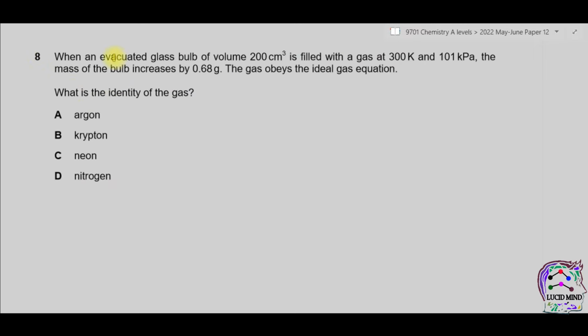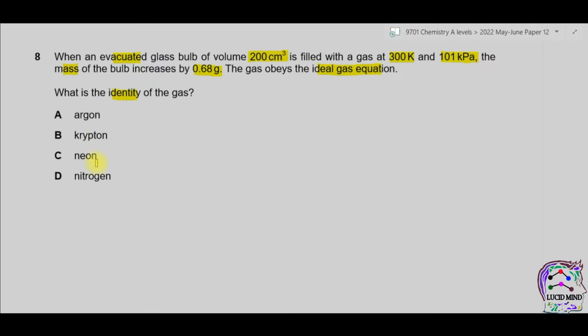Question 8. When an evacuated glass bulb of volume 200 cm3 is filled with a gas at 300 Kelvin and 101 kilopascals, the mass of the bulb increases by 0.68 grams. The gas obeys the ideal gas equation. So this is a question including the ideal gas. What is the identity of the gas? Now we can find the identity by calculating the molecular masses of the given gases.